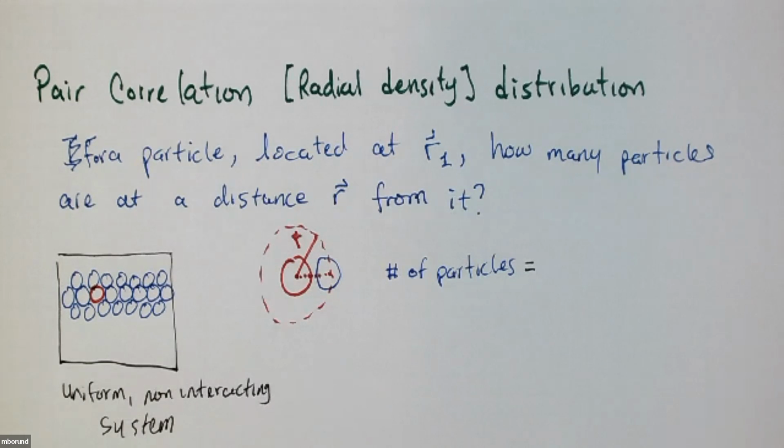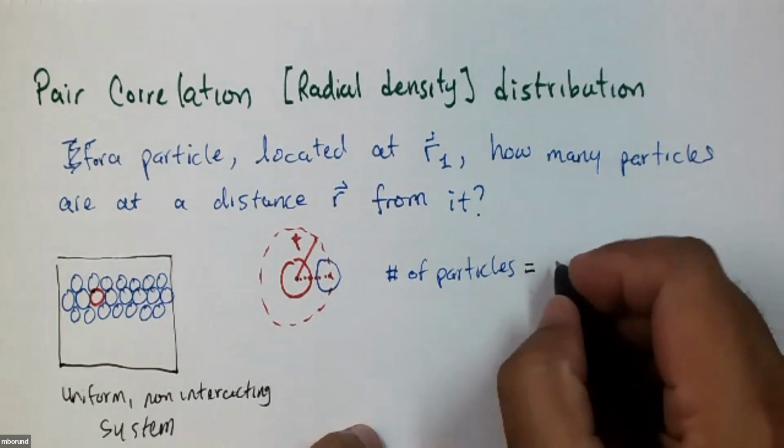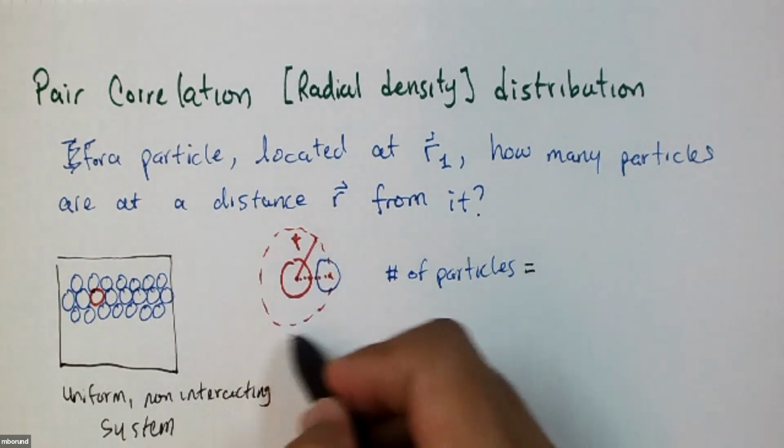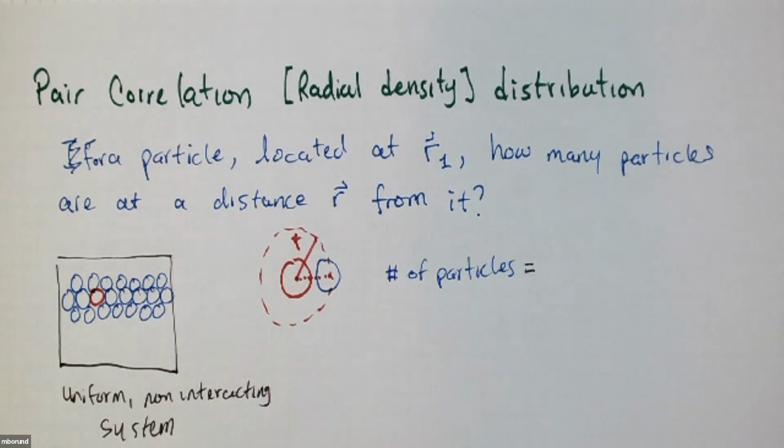Now, if I go in this direction, another particle is there, another particle, another particle, right? So it just keeps increasing with the distance that I take. And I'm putting a surface around it. In this case, it is this red circle, but in 3 dimensions, it would be the surface of a sphere, right?